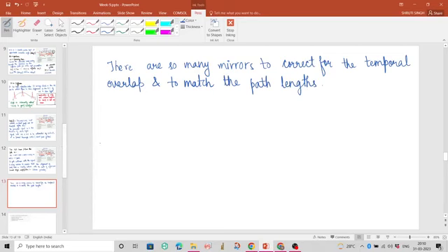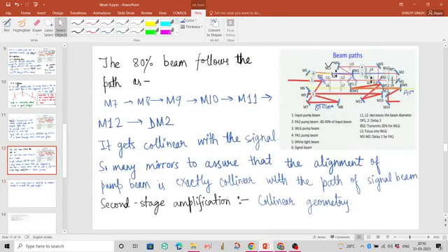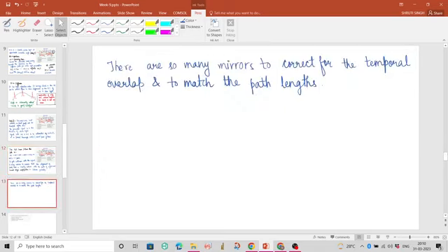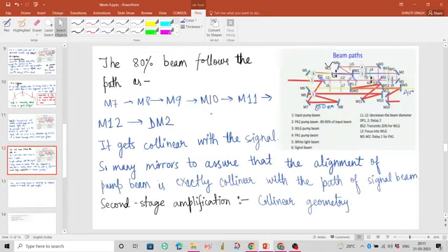So now what I have written is about these mirrors from M7 to M12. We have these 6 mirrors. So why are there so many mirrors? These mirrors are to correct for the temporal overlap and to match the path length. Now after DM2, both the signal and the pump hit the nonlinear crystal, which amplifies the signal, and then it hits DM3.